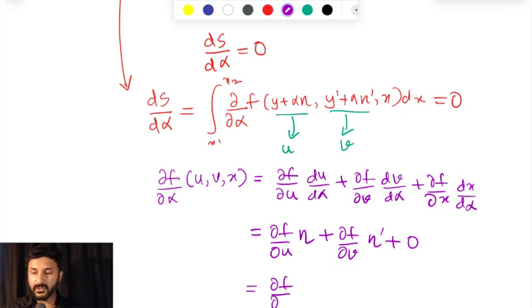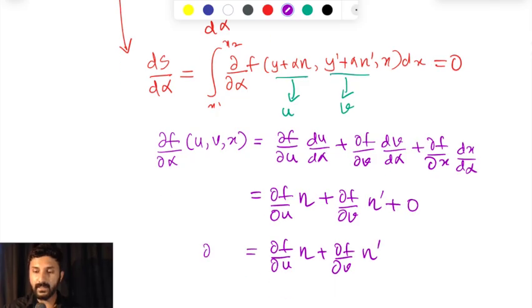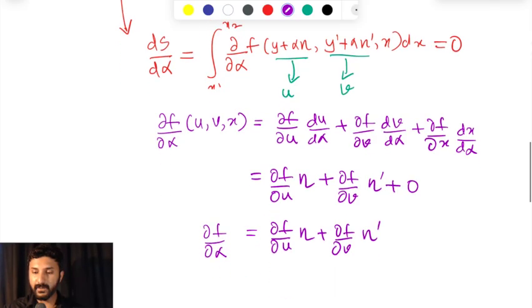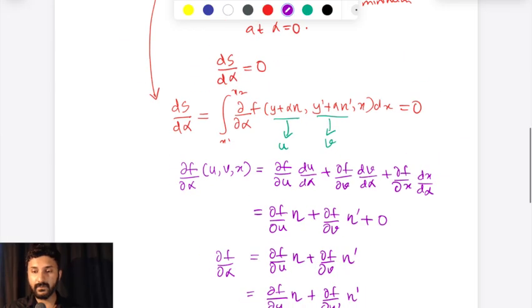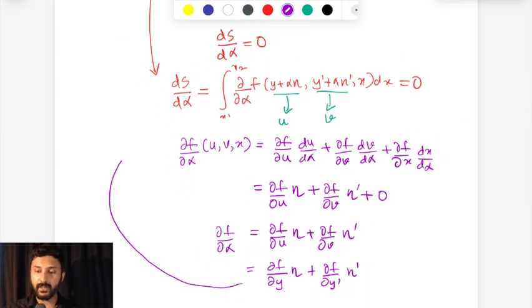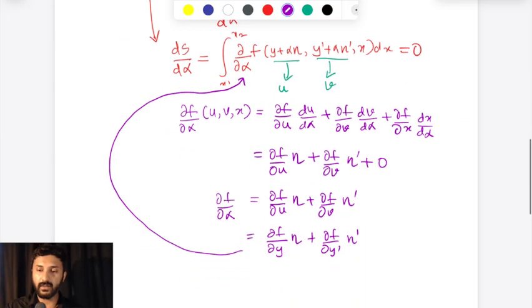So what we have is dou f by dou u, eta, plus dou f by dou v, eta dash, and that's going to be our dou f by dou alpha. But then the u and v are our inventions, right? They're just labels, so we might as well relabel them with y and y dash. Put back y and y dash, and we have this result which we are going to plug back into our integral.